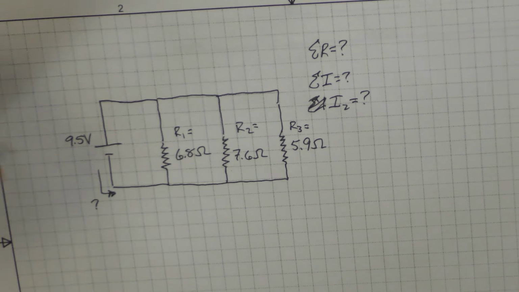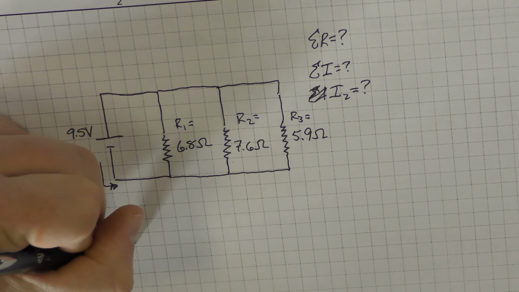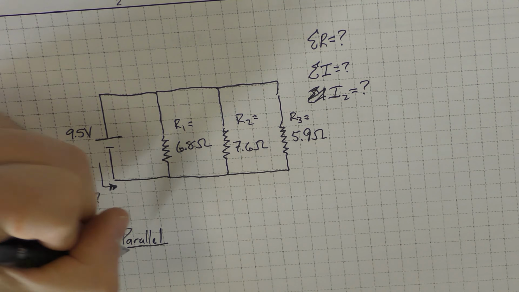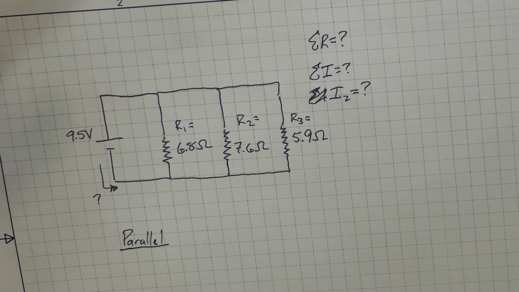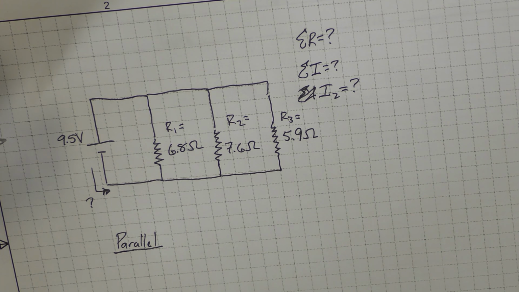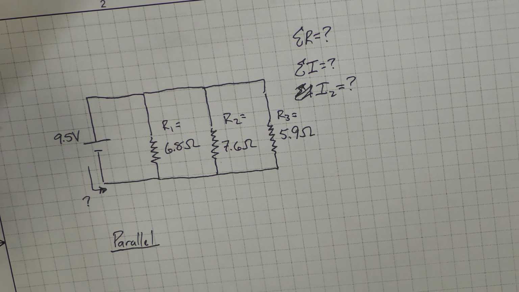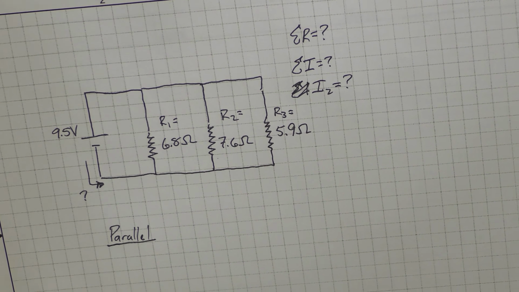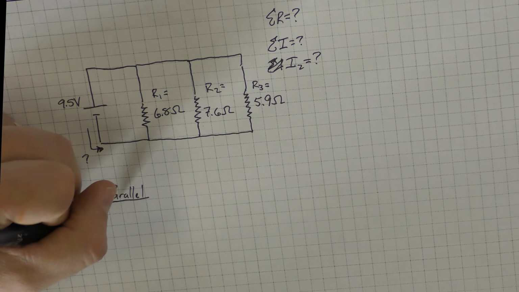Okay, so in parallel, our rules are a little bit different. In parallel, we have a resistance equation, which is derived from Kirchhoff's laws. We're not going to get into where it comes from today, but this is the equation.